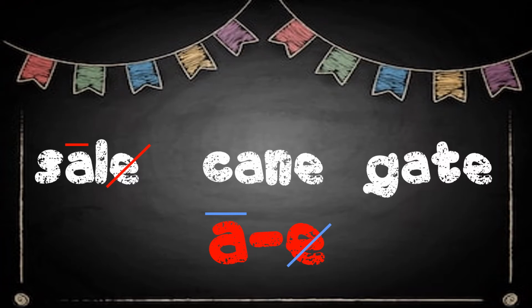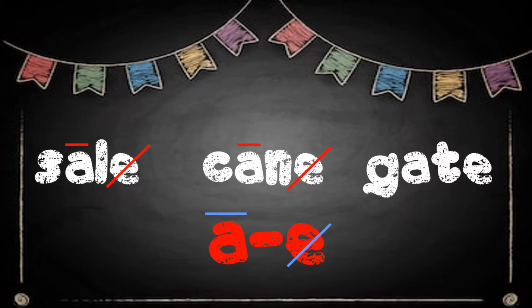Now let's look at our next word. The word cane. Do you see sneaky E? Let's cross it out because it is silent. Remember, sneaky E sneaks behind the consonant that comes after the vowel to scare the vowel into saying its long sound.